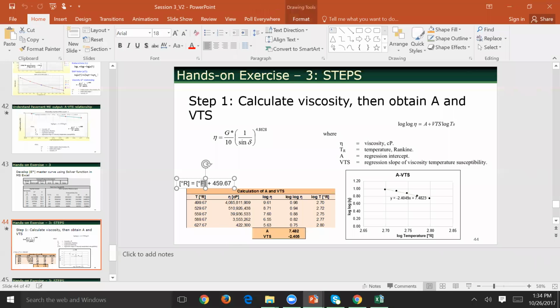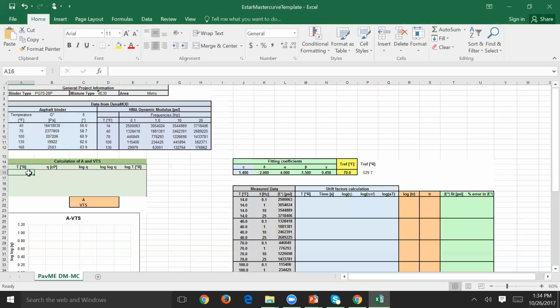the temperature in Rankine is simply the temperature in Fahrenheit plus 459.67. Let's do that. Equals this temperature plus 459.67.